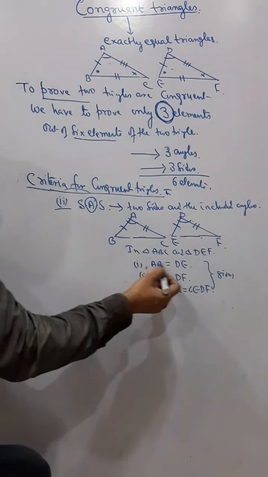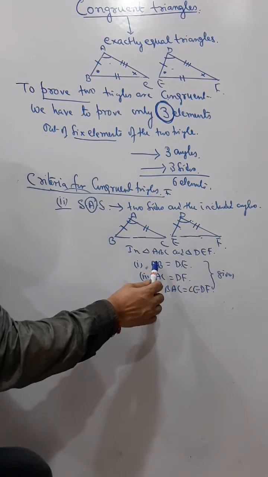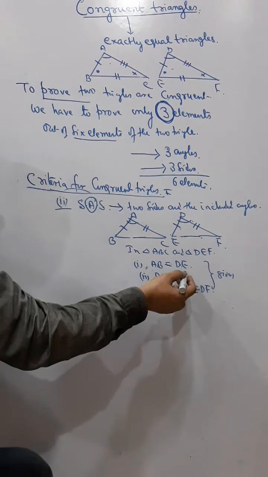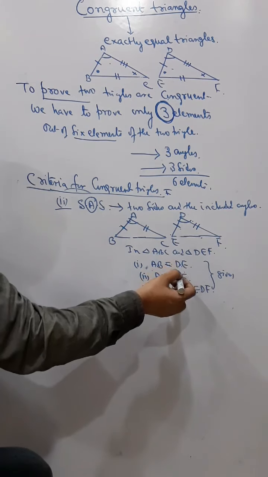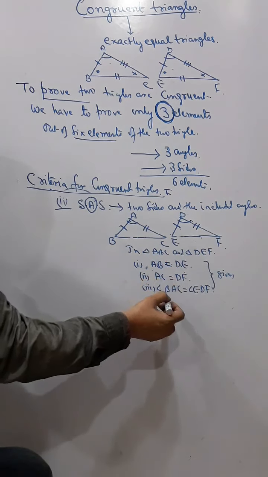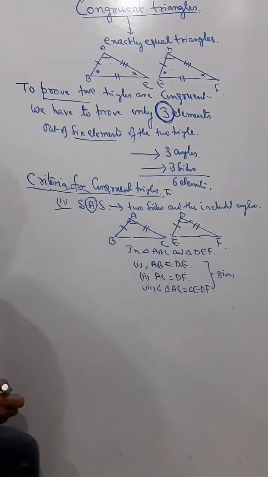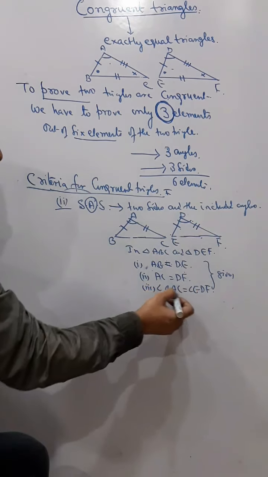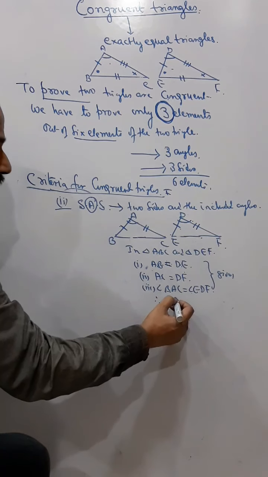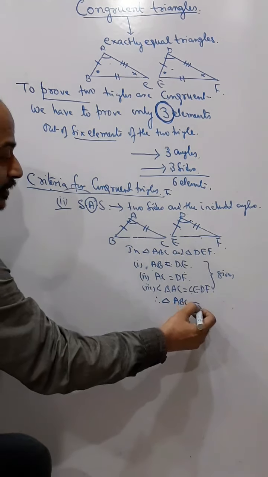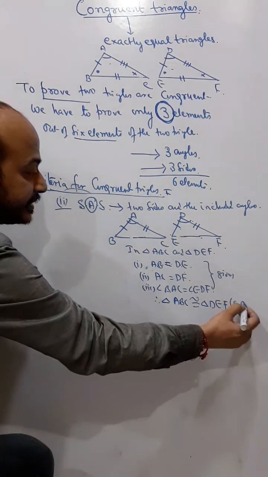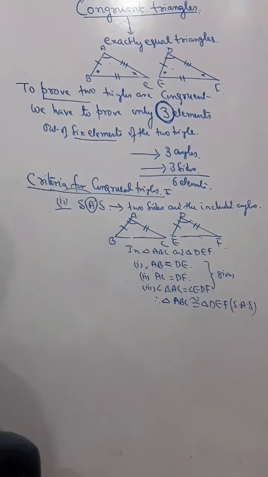The reason can be given, or sometimes opposite sides of a parallelogram or opposite sides of a square, or the common side. When I do the sums you can understand. So two sides and one angle are equal, and therefore triangle ABC is congruent to triangle DEF, and we write the criteria as SAS.